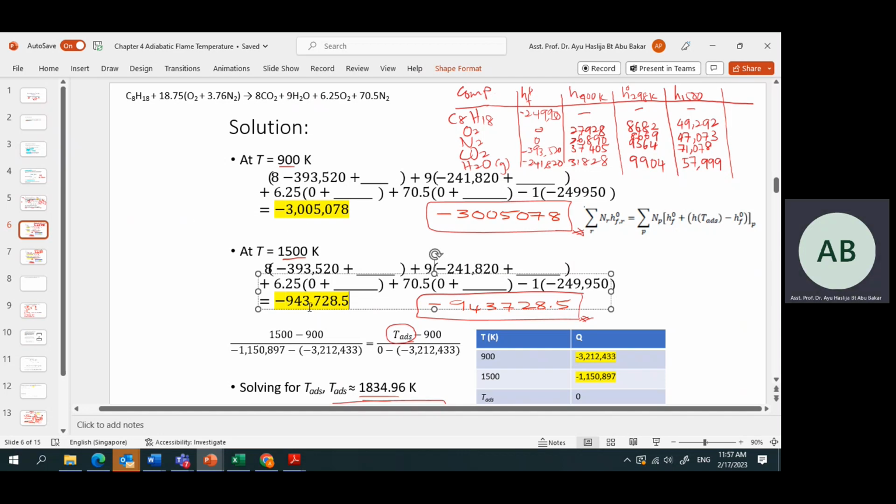Okay, how about this one? What do you get? 118 6728.0.5. This figure, the values are all the same. Yes.